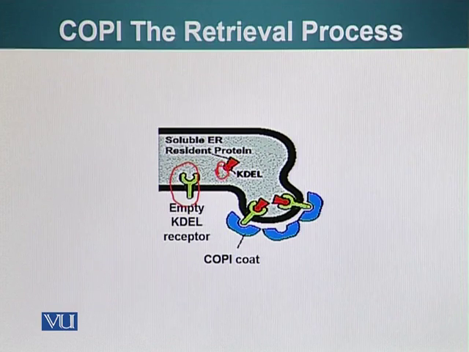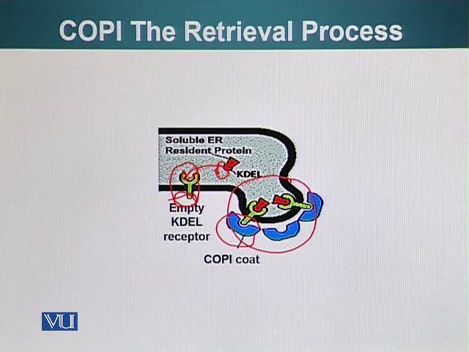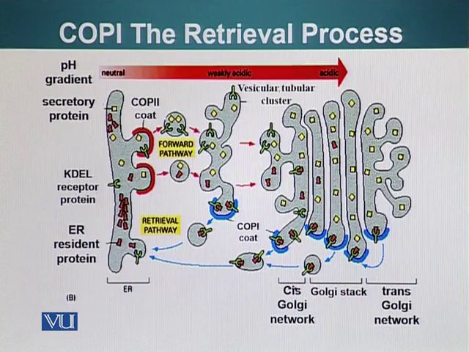Once the receptor binds this KDEL sequence, and of course the whole protein, there will be a conformational change in the cytoplasmic domain of this receptor, which will be recognized by COP1 coats, and they will start to assemble on a specific region of, for example, the Golgi apparatus. They will result in formation of this vesicle, which will bud off and go back to the endoplasmic reticulum.